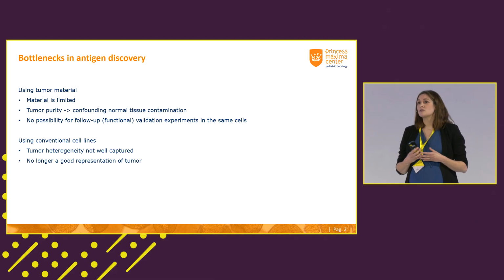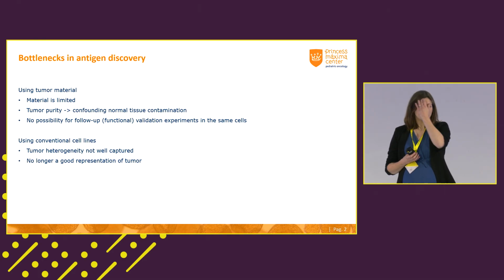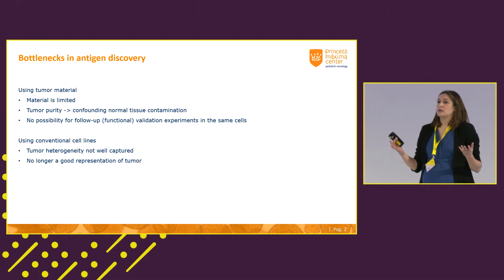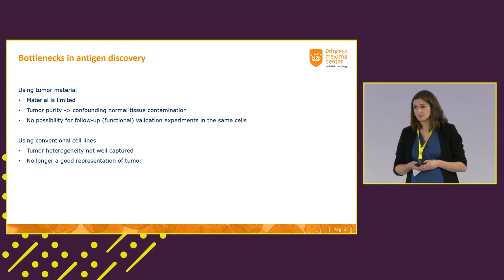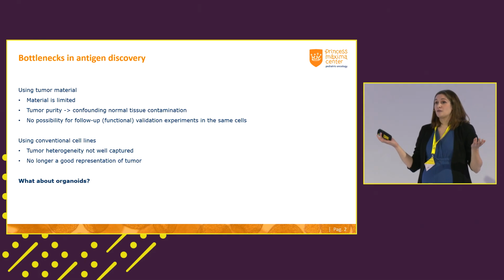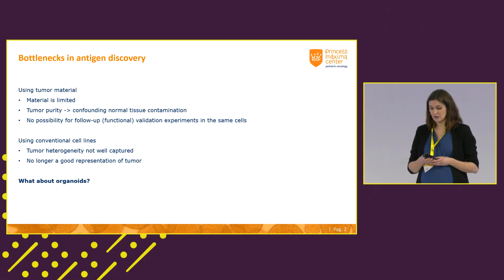So this doesn't really capture the heterogeneity that we see in a tumor. So basically, it's not a really good representation of the cancer that you're trying to study. And of course, I'm going to talk about organoids, because maybe organoids would be a solution for some of these problems.